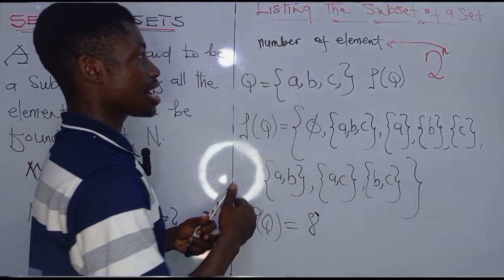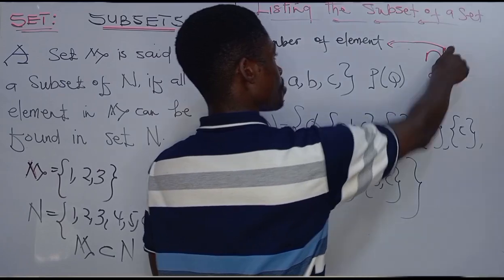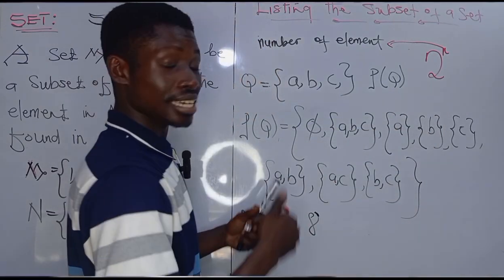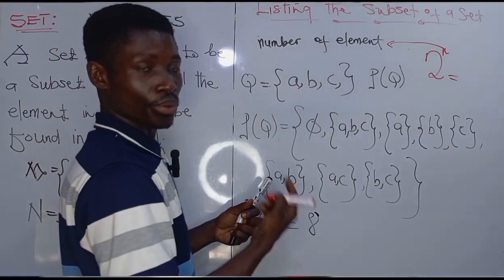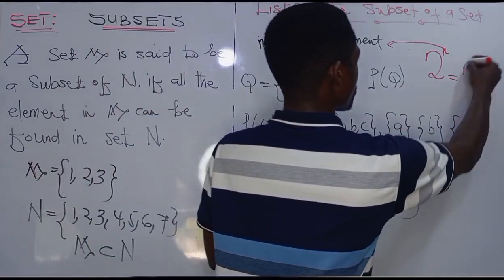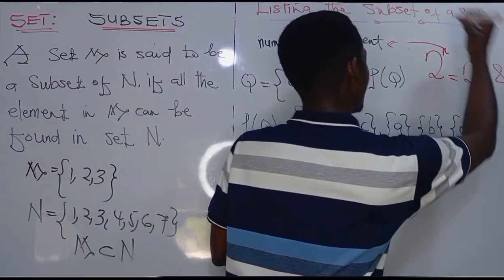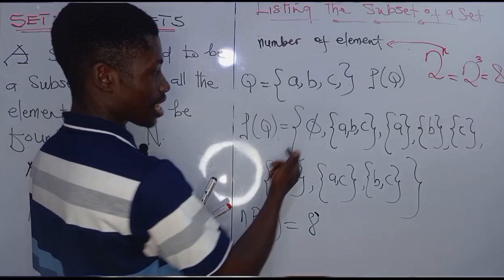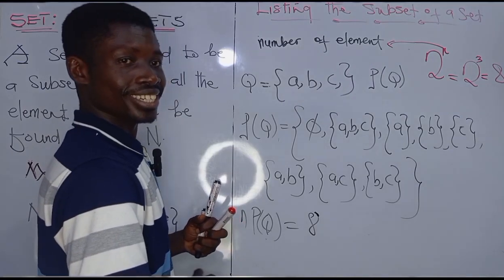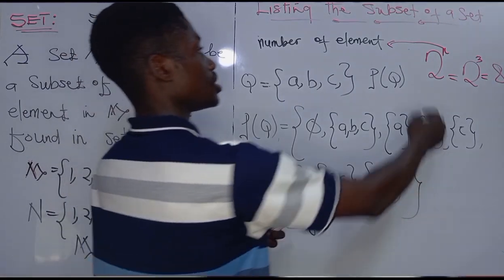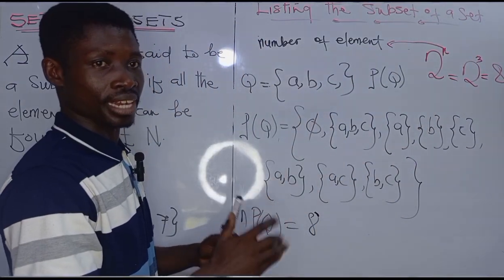So assuming they ask you to find the number of subsets of set Q, we use 2 raised to the power n, where n is the number of elements. We know that the number of elements in set Q is 3. 1, 2, 3. So we have 2 raised to the power 3, which gives us 8. Realize that after counting all the subsets, we had 8. So to find the number of subsets, you use the formula 2 raised to the power n, where n is the number of elements within that particular set.